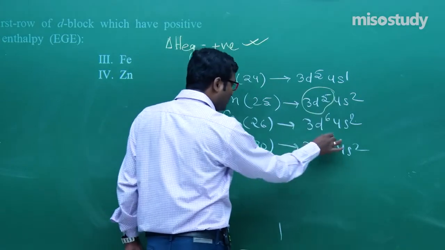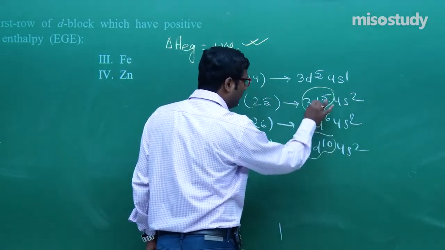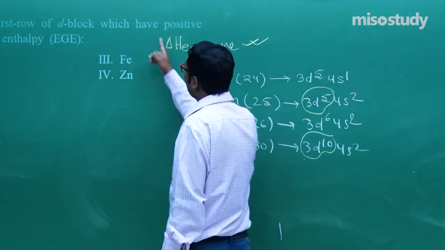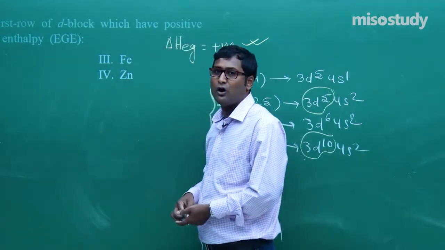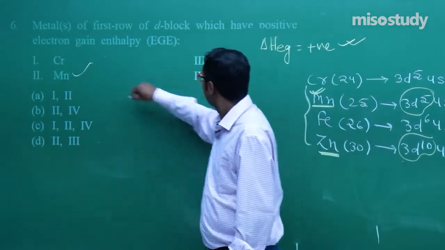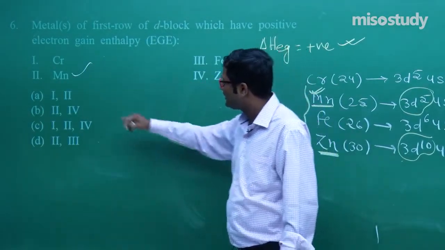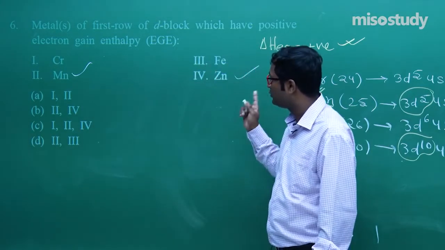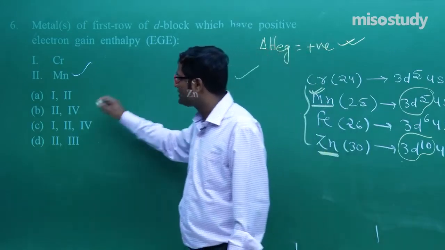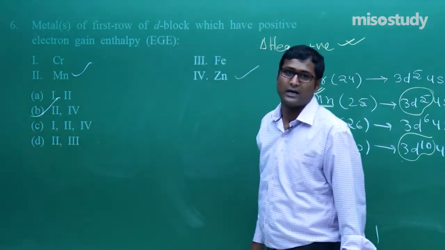If I talk about Zn, 3d10 full-filled. So in case of Mn and Zn, they will have a high value of electron gain enthalpy. Where is Mn? This one and this one. And check out the options, not 1 and 2, 2 and 4, Mn and Zn. So for this question, B is the correct option.